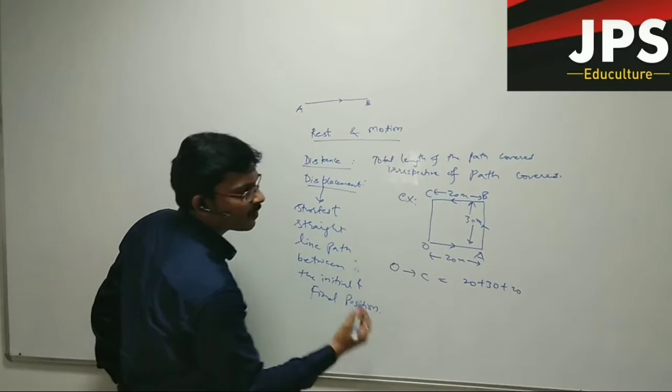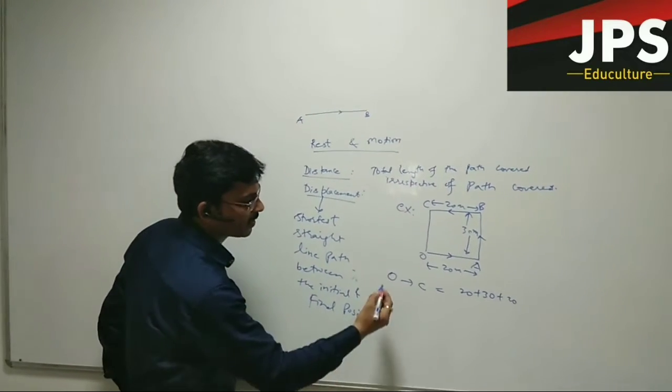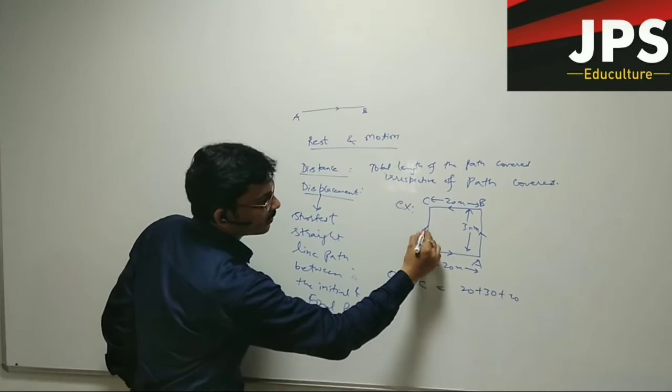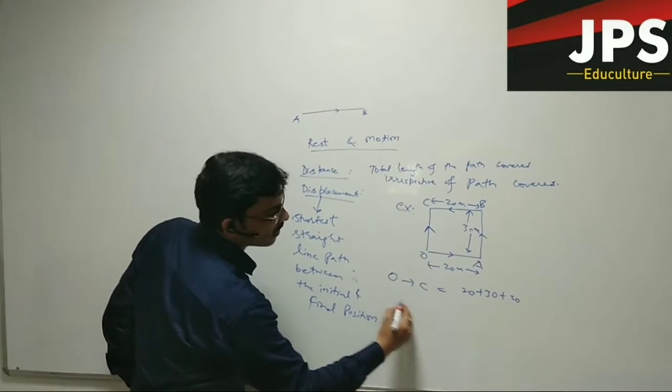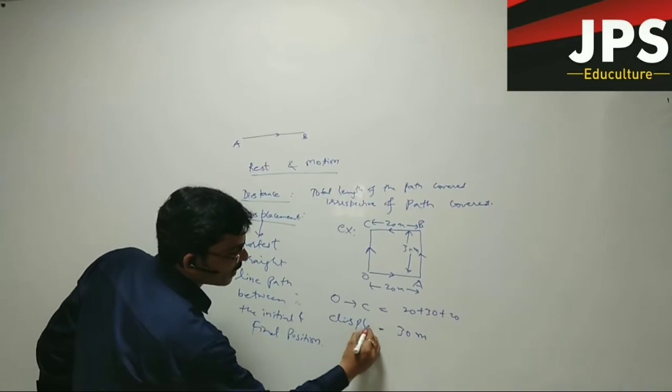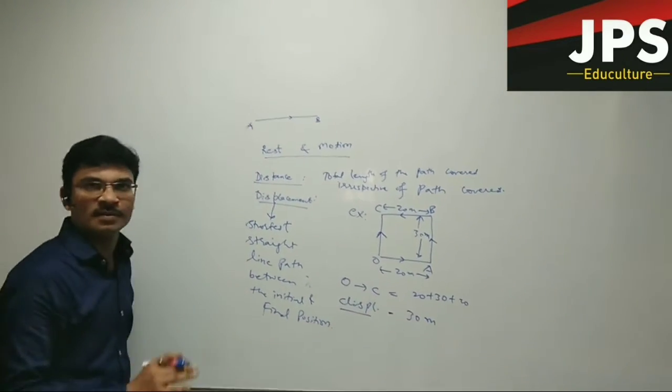That means if we have to calculate the displacement from O to C, we will consider only this distance, that is only 30 meters. This is the displacement. That's it.